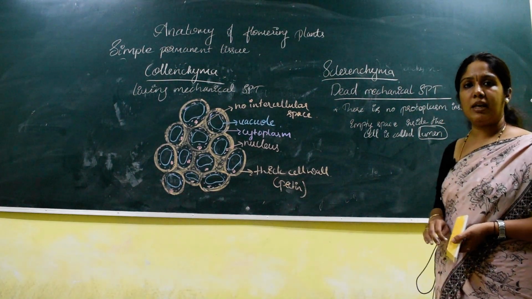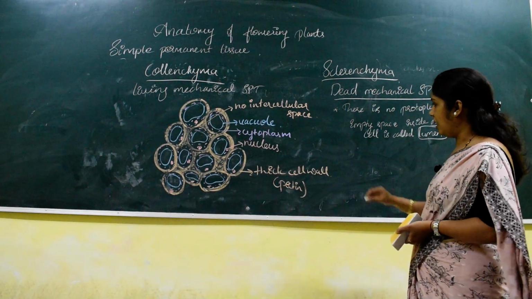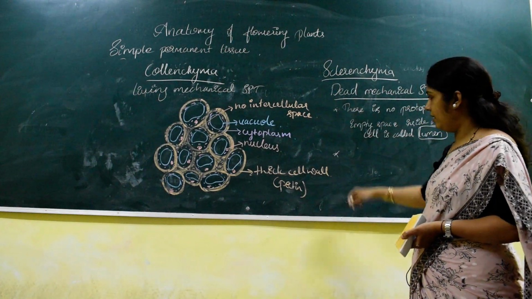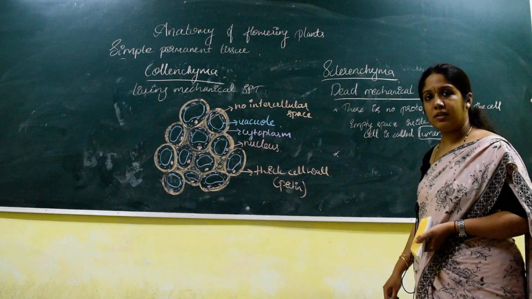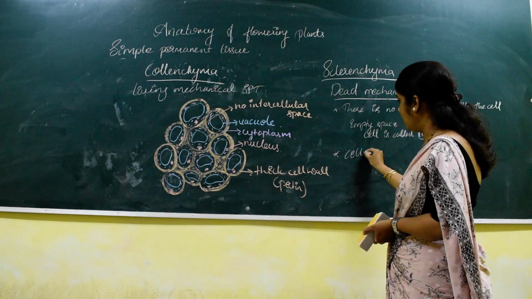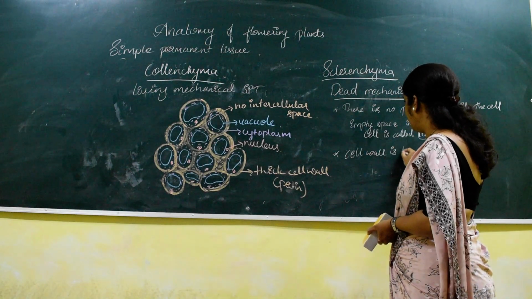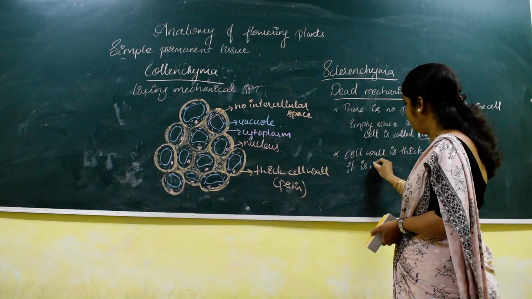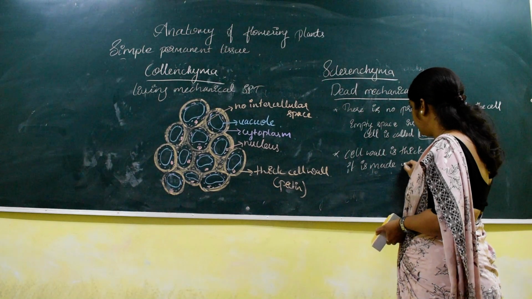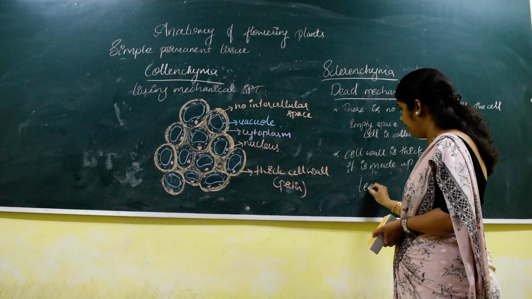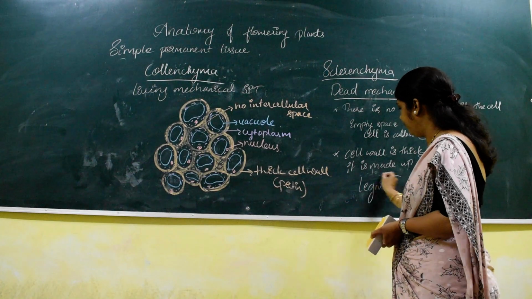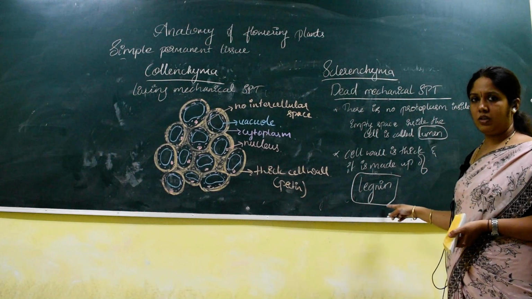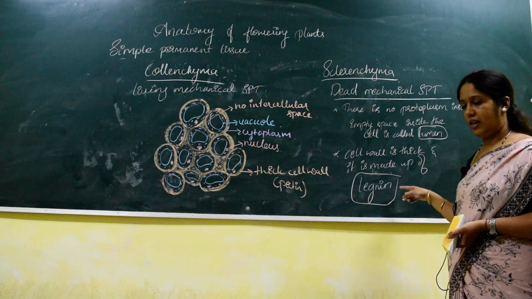The lumen is an empty space inside the cell. Next, second point, due to the absence of protoplasm itself, it is called dead. Now we are saying it is a mechanical tissue, meaning the cell wall must be thick. The cell wall is thick and it is made up of a component called lignin. There it was pectin, here it is lignin. So the lignin is deposited in the cell wall.